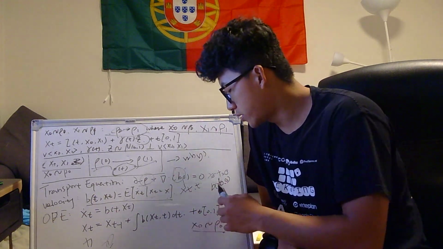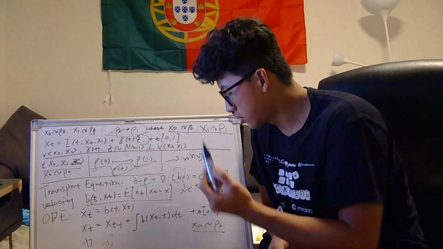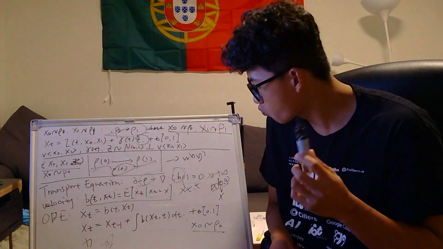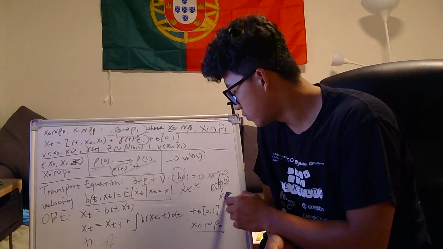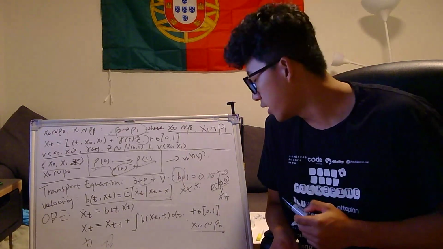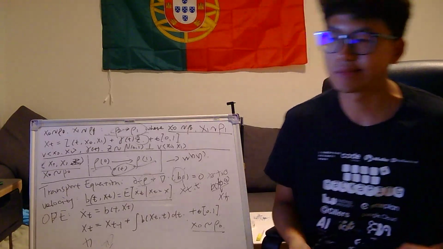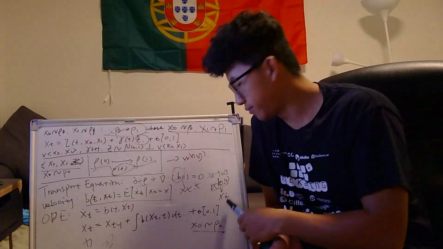We use this velocity to integrate this ODE, so we got x at 1 over n, n's first step.